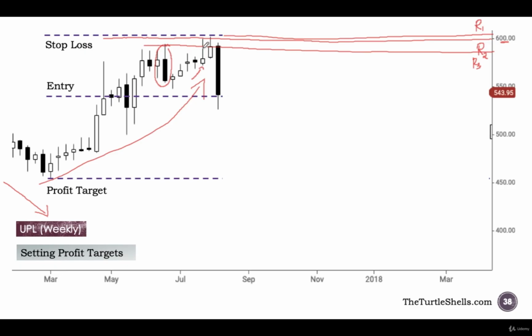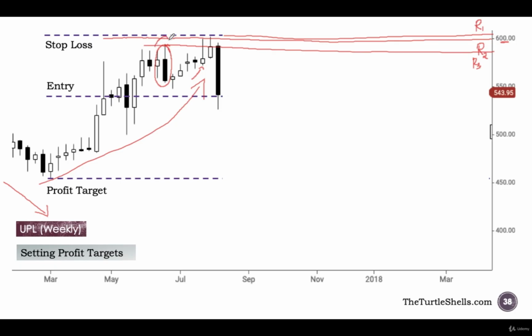It has crossed above R3 but is not able to close above the R3 level. So you have a bearish engulfing pattern, a shooting star, and another bearish engulfing pattern which is even stronger than the prior one. Even the shooting star high becomes resistance. So the shooting star high is nothing but R2, which is the 600 level.